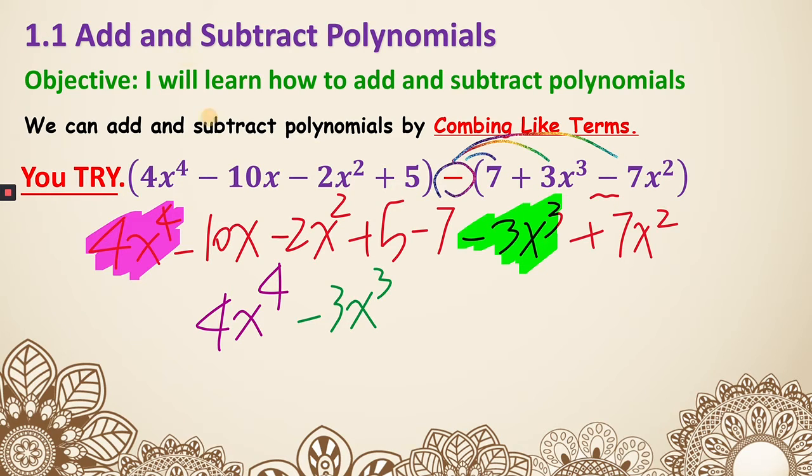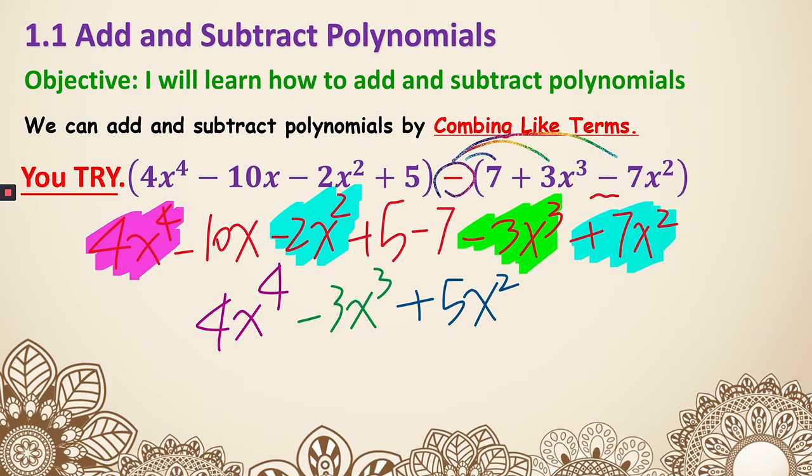After that, we have this plus 7x squared on the end and this negative 2x squared. They can be combined to become plus 5x squared. And if you notice, I have been looking for exponents in descending order because in this case, I can already put my final answer in standard form without changing it at the end.